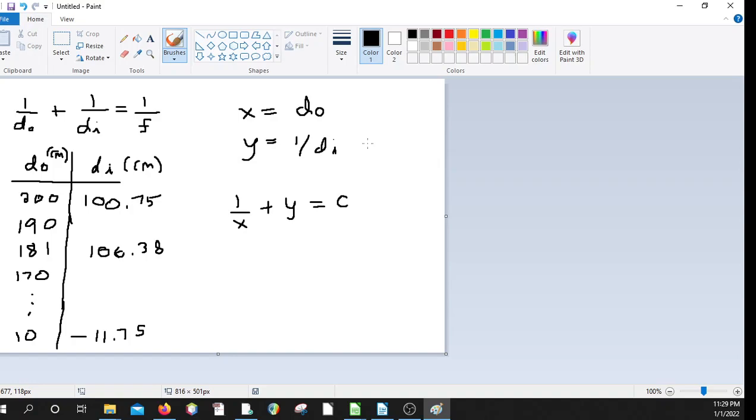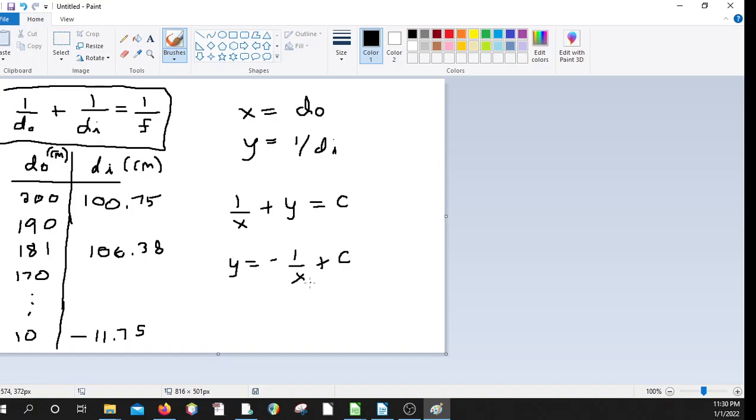Once you make your choice for the substitutions like x equals and y equals, then plug them into the main equation, this one. And then you have this equation here, and to see if it's linear, just solve for y. So we'd have y equals minus 1 over x plus c if we solve for y.